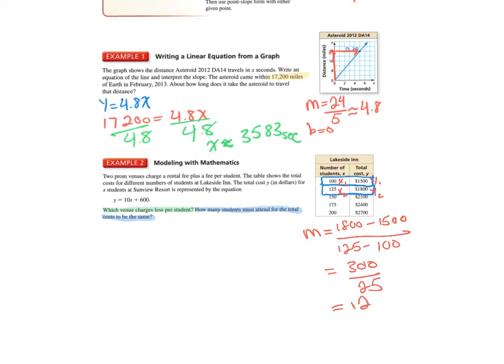So we need to use that. We're going to use point-slope form. So y minus y1, and we'll use the first point, so that's 1,500, equals m, which is 12, times x minus the x value, which is 100. Then we're going to solve for y.